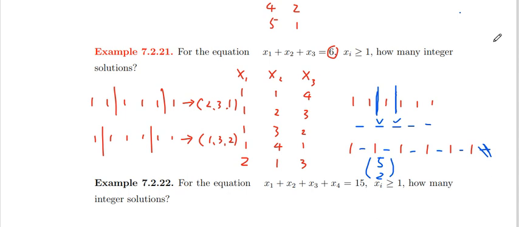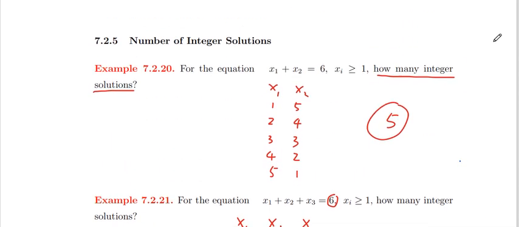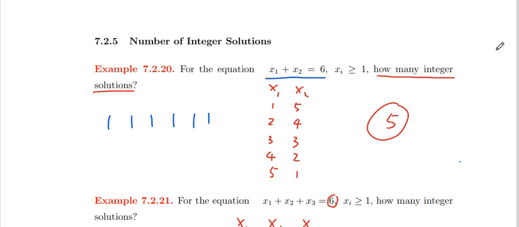Okay, so now let's go back to this easy problem, right? x1 plus x2 equals 6. So we have 6 bars, and we want to split into 2 parts. This means we just need 1 bar to split them.